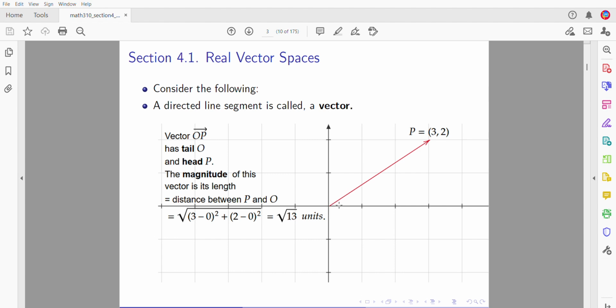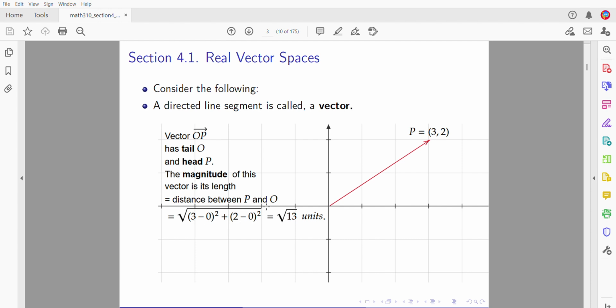The magnitude of the vector is its length. In this case, the length of the vector is the distance from the point (3, 2) to the point (0, 0). I have just used the distance formula, square root of (x1 minus x2) quantity squared plus (y1 minus y2) quantity squared.